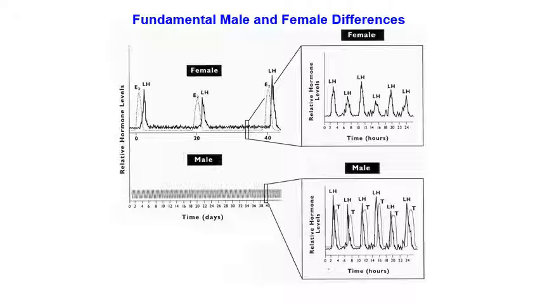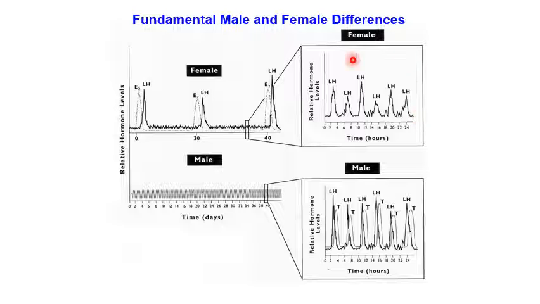Of course, these differences are due to the tonic center and the surge center in the female. So we have here the surge. The surge center is responsible for the preovulatory LH surge. Now that is important for ovulation. For the male animal, it is maintained at a basal level. So this is due to the tonic center.